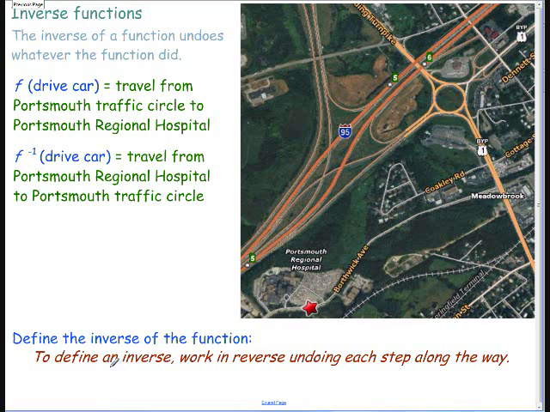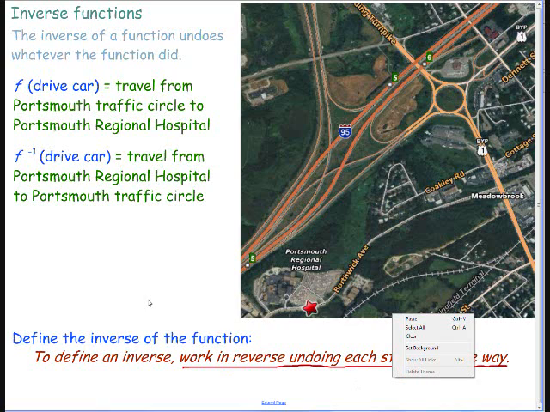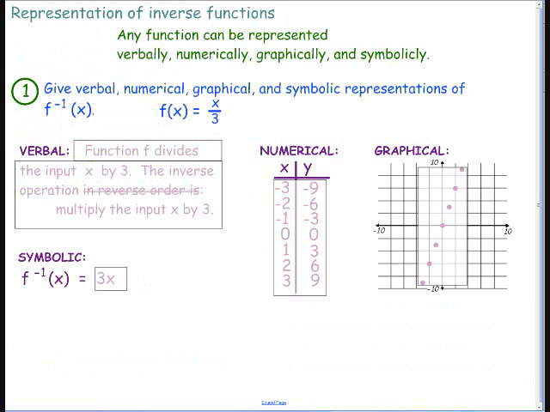So, the inverse of any function works in reverse, undoing each step along the way. Work in reverse and do the opposite. So if I took a right, now when I do the inverse, I take a left, just the opposite. And you'll notice I started at the end and worked back towards the beginning of my function. You're going to do the same thing mathematically.